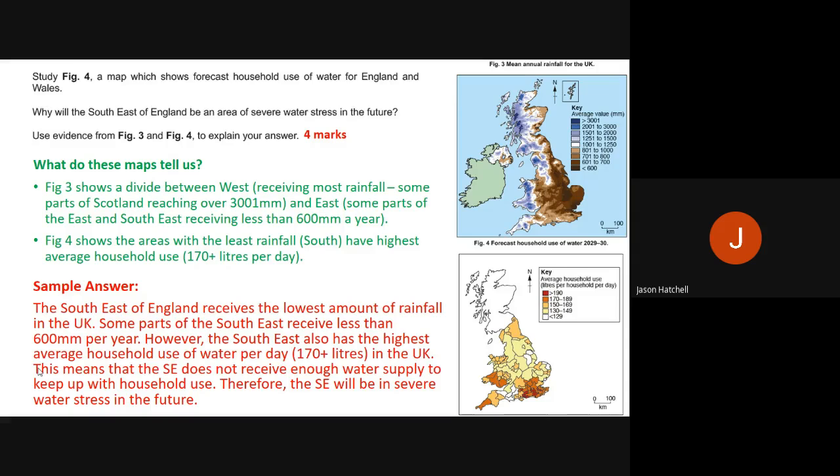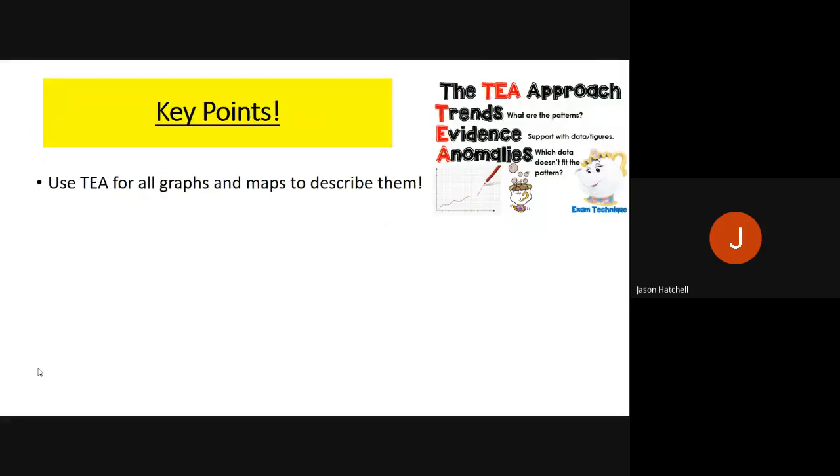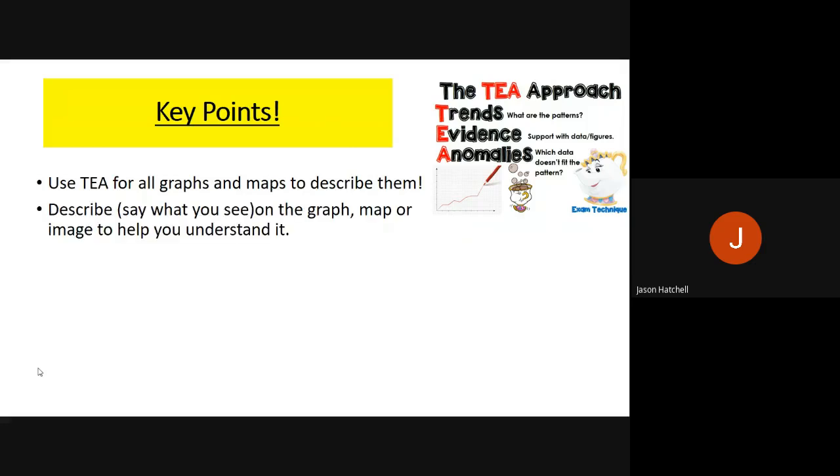So that concludes this quick session looking at how we use maps, images, figures, and graphs in our answers, making sure the key thing is that we absolutely quote from the figures. So key points: use TEA for all graphs and maps to describe them.